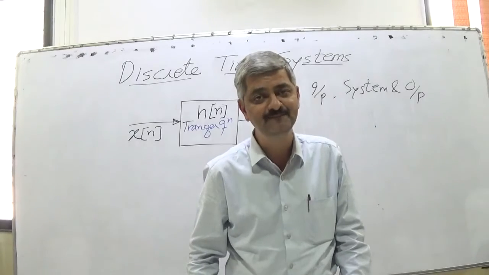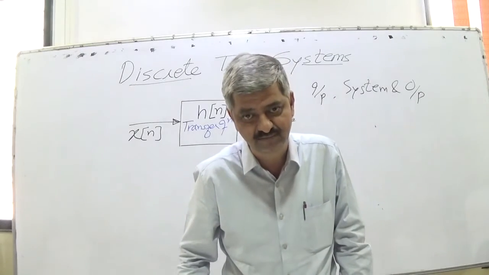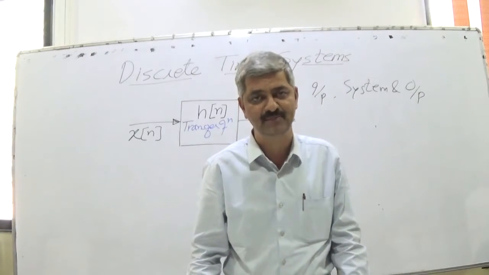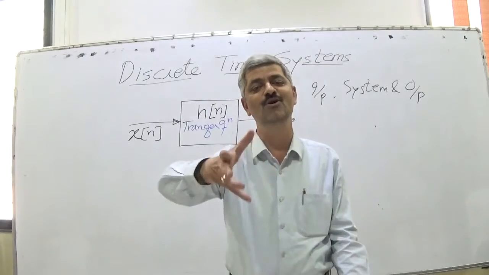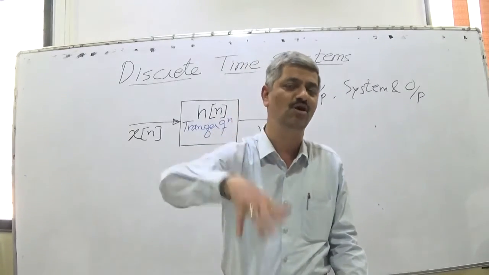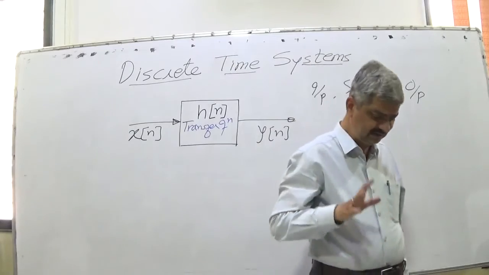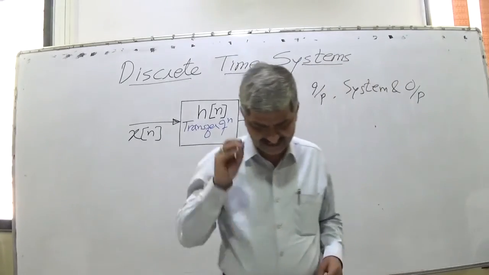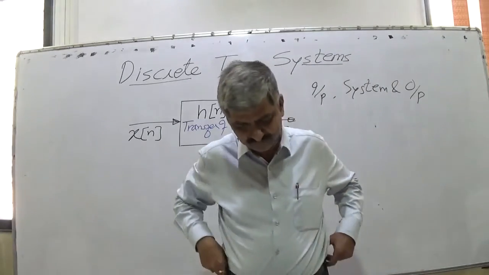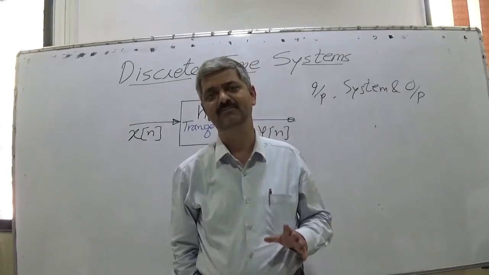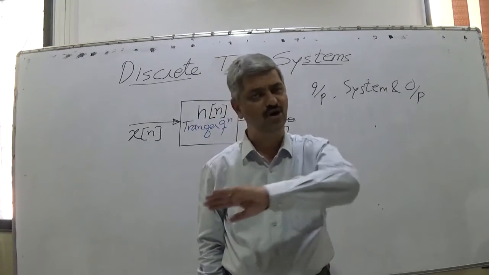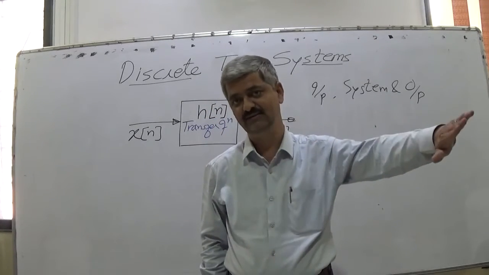Had it been a continuous system consisting of actual resistors and capacitors, for even a small change you would have to change the components, the whole circuit. Now, the sampling theorem, what is its significance, all that we shall discuss later.